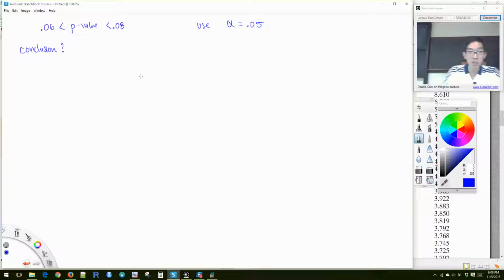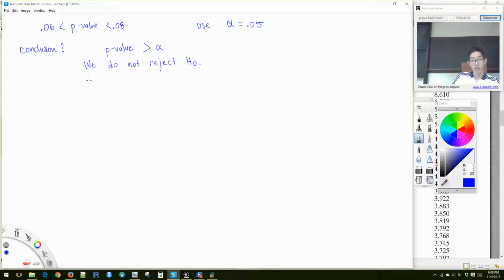Our conclusion is, well, we say our p-value, is it bigger or smaller than alpha? It's bigger than alpha. So what do we say? Yeah, we do not reject the null hypothesis.